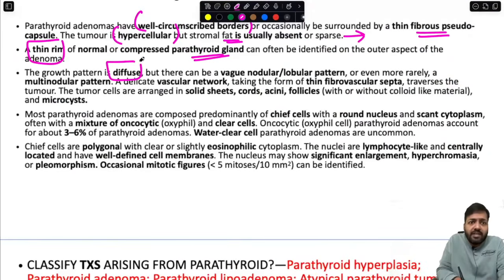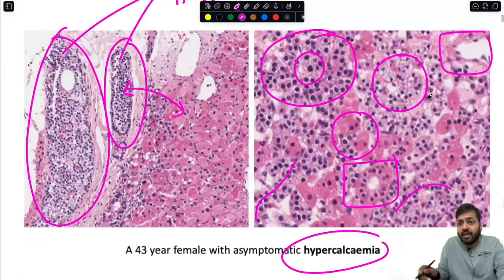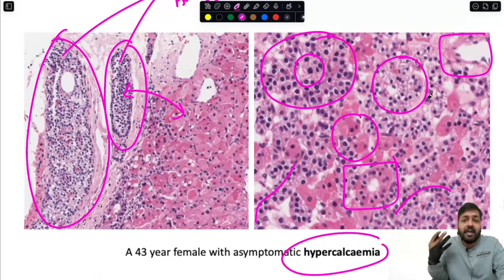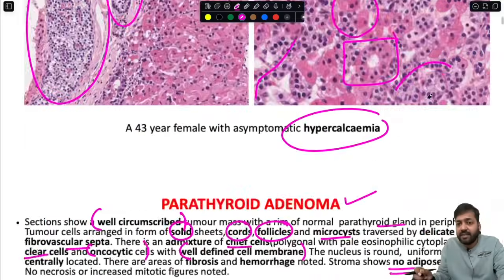The growth pattern is diffuse, but there can be a vague nodular or lobular pattern, or even more rarely a multinodular pattern. A delicate vascular network taking the form of thin fibrovascular septa traverses the tumor. The tumor can be arranged in the form of solid sheets, cords, acini, follicles as well as microcysts. In the same tumor, even in the same field, we can see different patterns existing together.